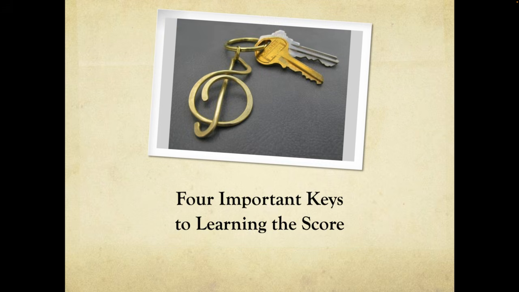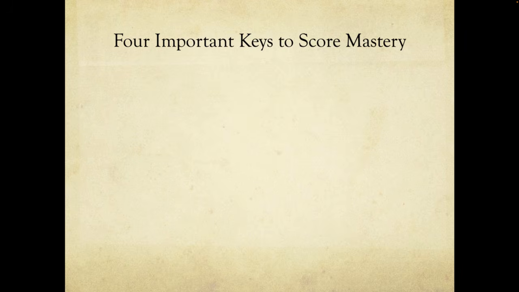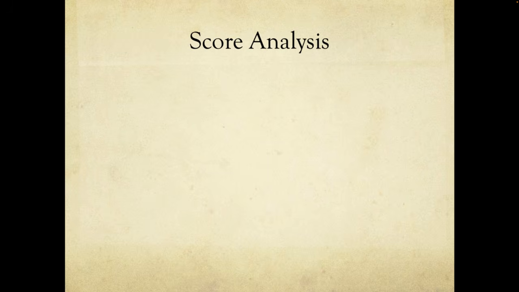There are going to be 4 important keys for you to learn the score, okay? 4 important keys to score mastery. The first one, score analysis. We're going to talk a lot more about this throughout the semester because it's different for each period, but score analysis is very important to the first initial learning.